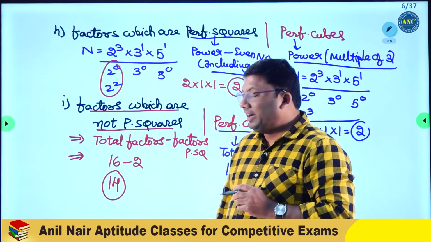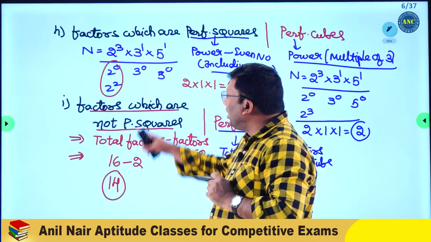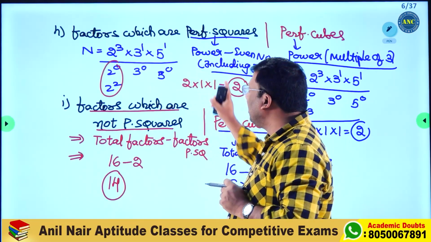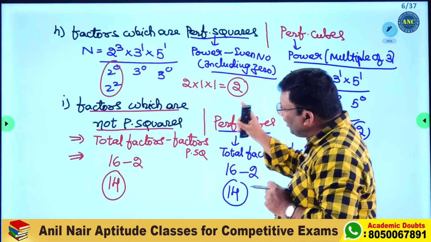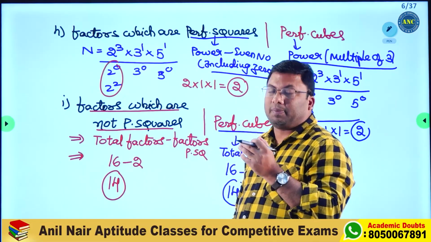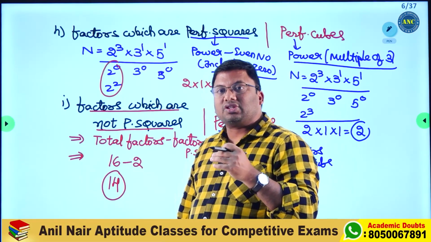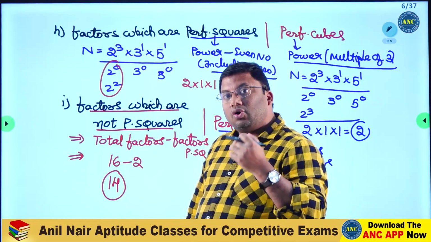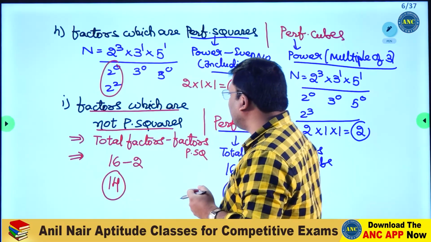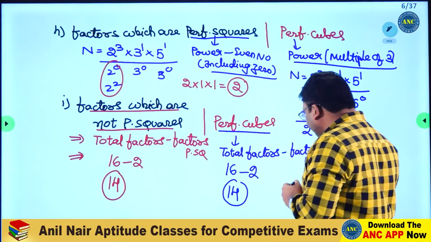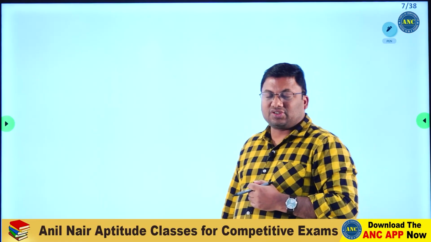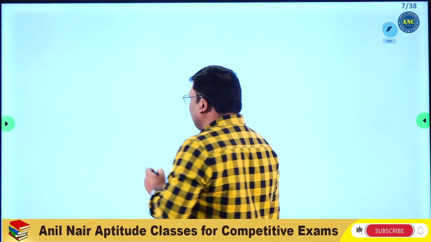I hope the idea is very clear. How to find the factors which are perfect squares, and how to find the factors which are not perfect squares: total factors minus factors which are perfect squares. Sir, what if there is a bigger number?